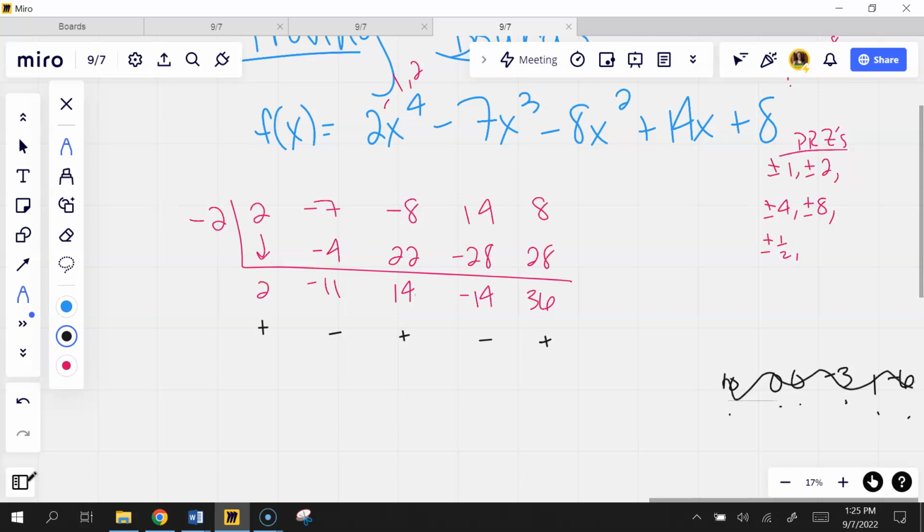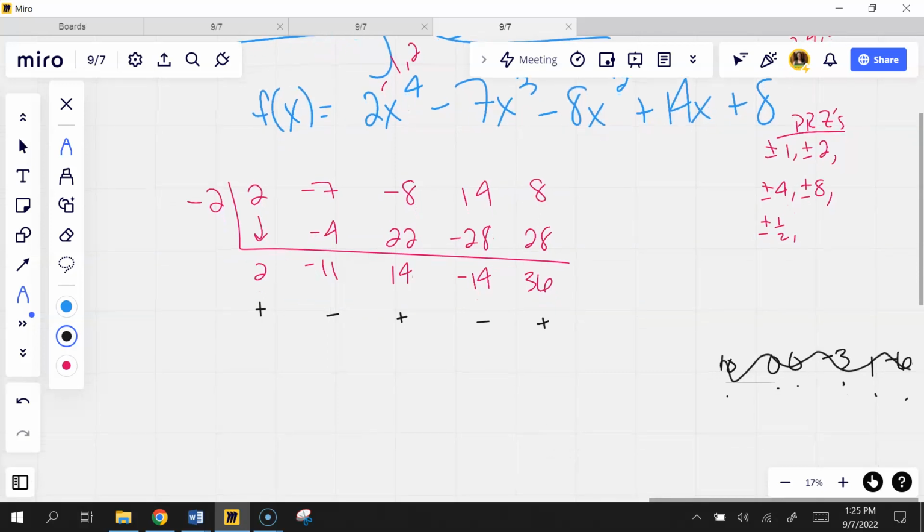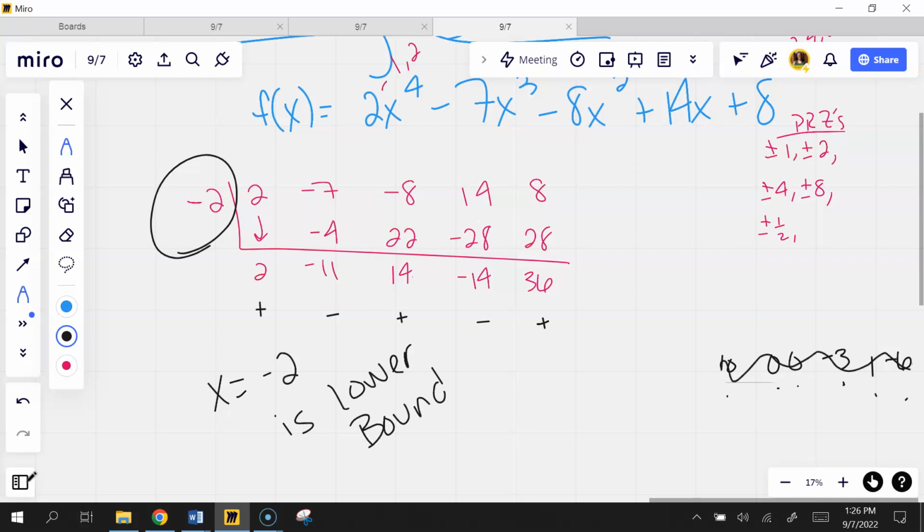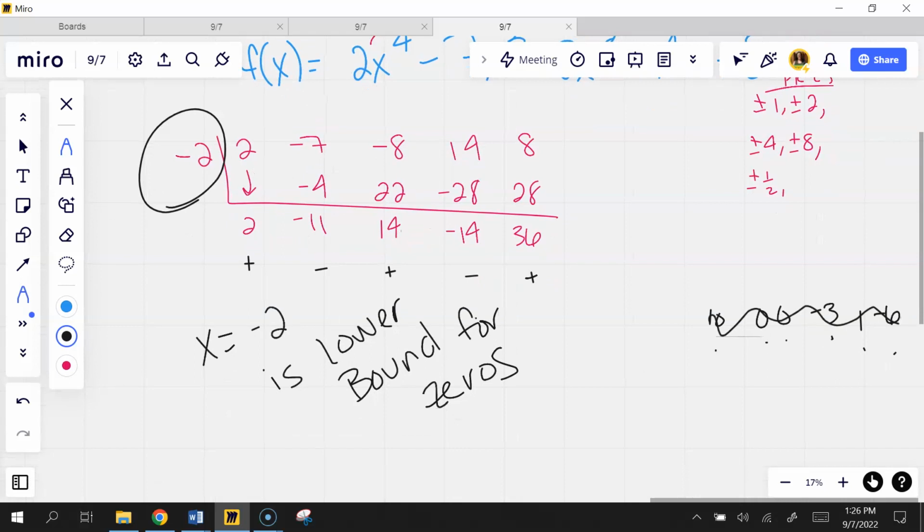All right. When this happens, this tells me that -2 is a lower bound for my zeros. What in the world does that mean? That means my zeros, whatever they are, will never go below -2.